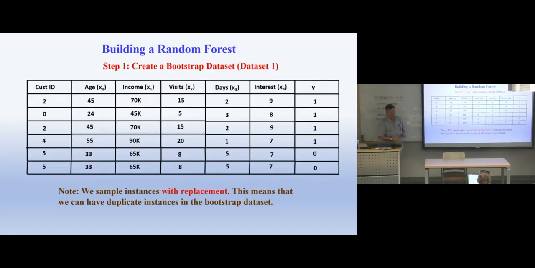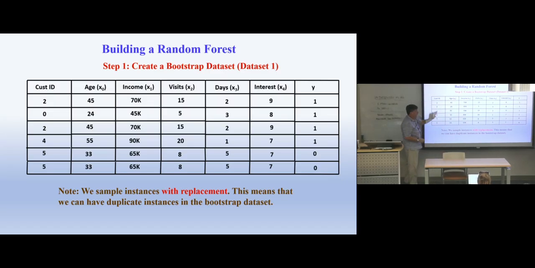So here's data set 1. I randomly sampled the instances, so I end up with instance 2 twice, instance 5 twice, and then once on the first customer, and this 4. Notice, same number of rows. The features come along with the rows, so you have the same features coming across.